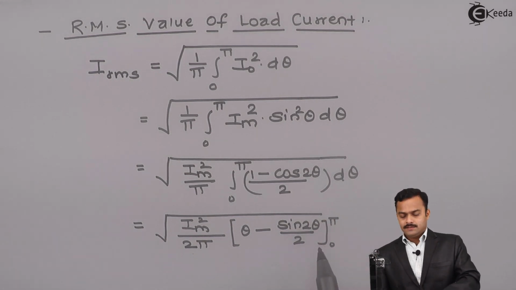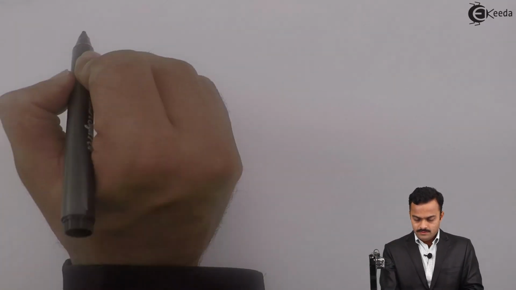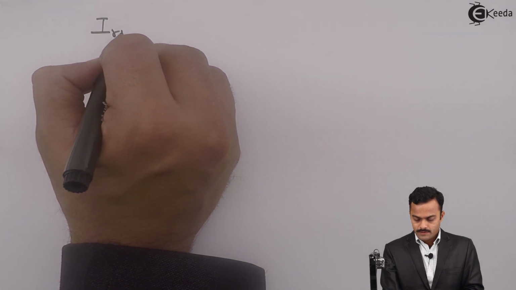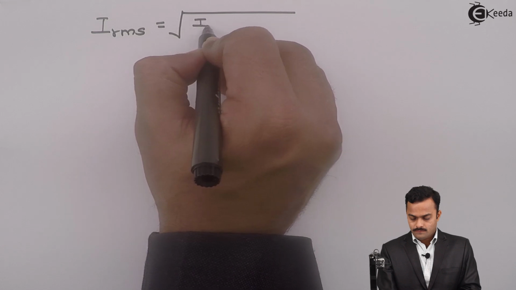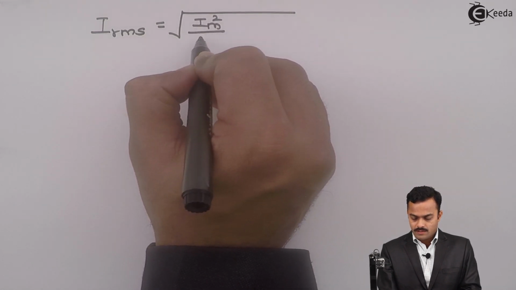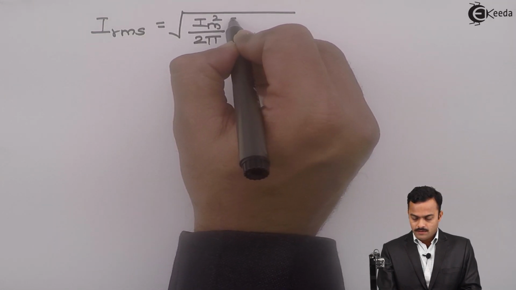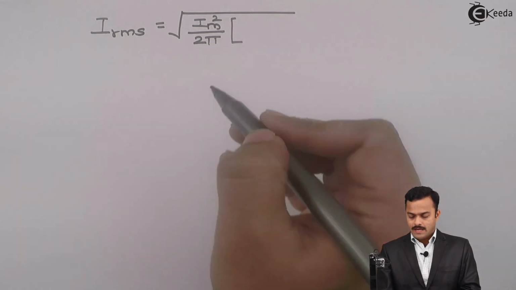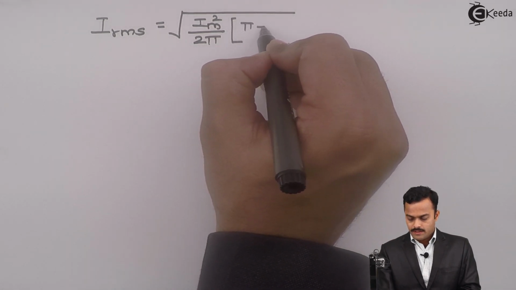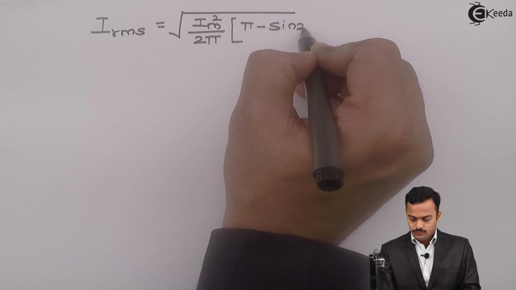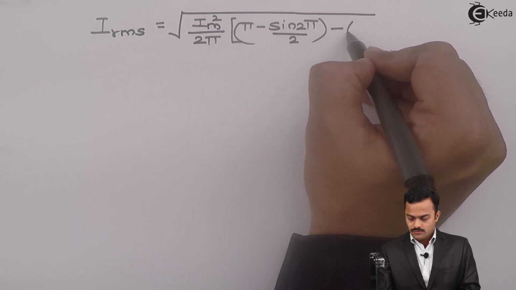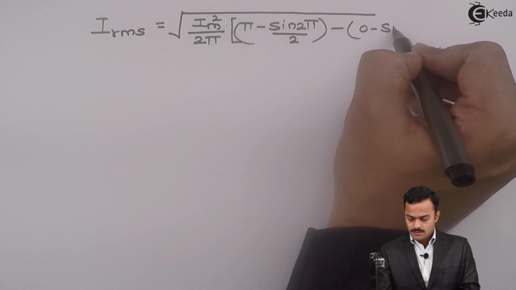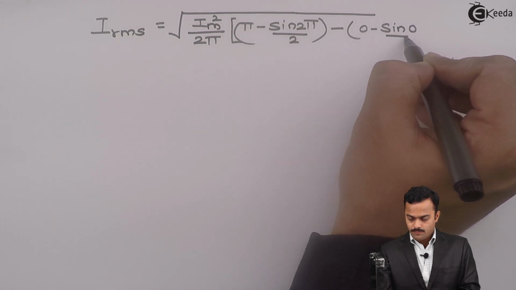So, let us apply these limits. So, I will get IRMS equal to root of Im square upon 2 pi, upper limit is pi, so it is pi minus sin 2 pi by 2, and lower limit is 0, so it is 0 minus sin 0 upon 2.